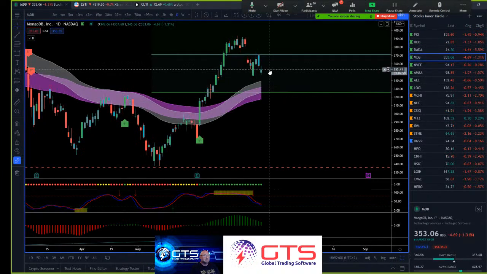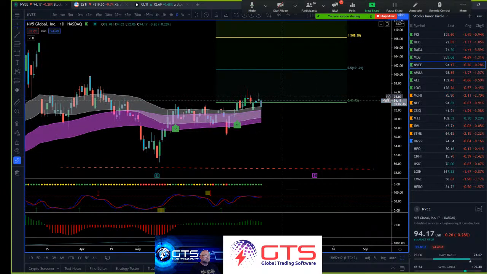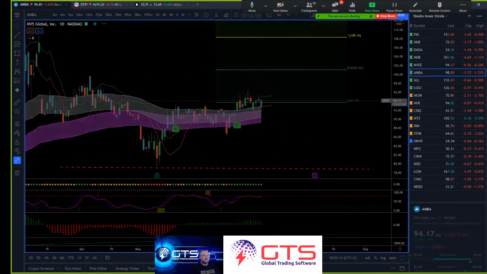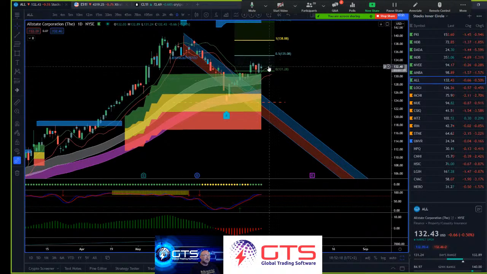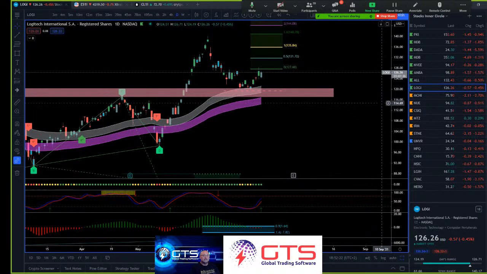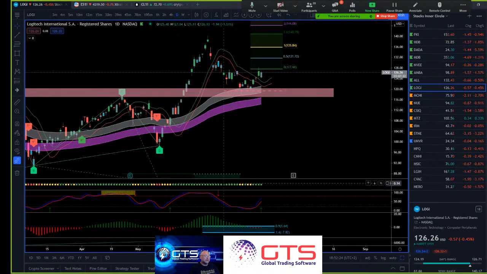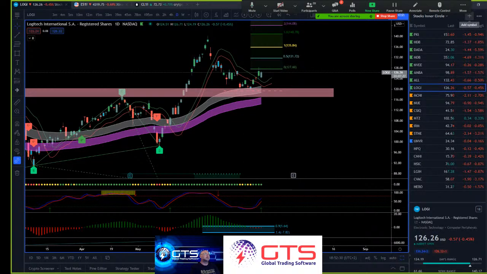MDB, in profit, about 30%. MVE, just back in profit today, going sideways. Amber, not in profit, it's in a slight bit of loss. ALL in profit. LOGI just coming back towards the entry, and I've got some more orders on there. So yes, swing trading is the way to go with your 401k or IRA.